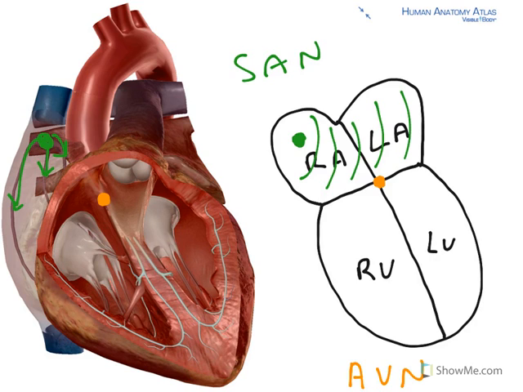Now, when the electrical activity from the atria arrives at the atrioventricular node, the electrical impulse is carried extremely quickly down through the interventricular septum along what are called the His-Purkinje fibres.